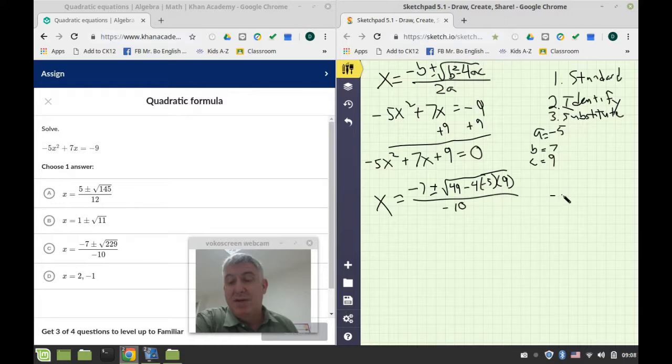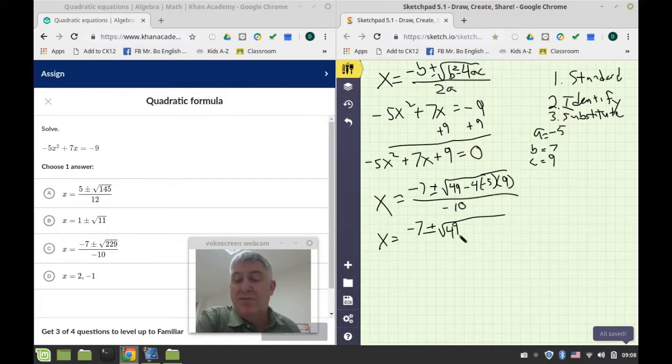It's 2 times negative 5 here. So I just did that in my head. Apologize if I went too fast. So now we need to simplify this part under here. x is equal to negative 7 plus or minus the square root of 49, and I got a negative and a negative here, plus 180, all over negative 10.